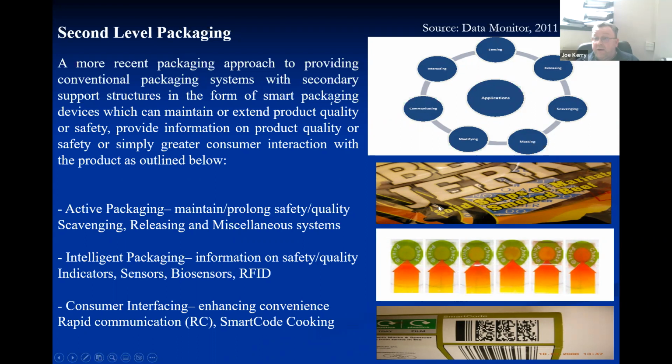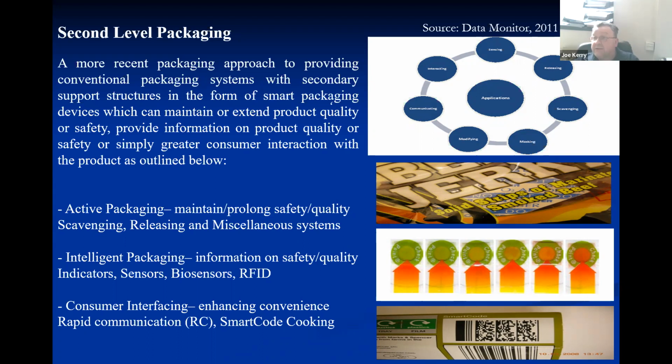And just to show you an example here, a very old technology. A lot of you will have seen these kinds of sachets, for example, present inside, in this case, beef jerky or these types of products. These are oxygen scavengers, and the purpose of the oxygen scavenger, of course, is to remove any residual oxygen that may remain inside that pack and prevent oxidation and discoloration from happening to the product.